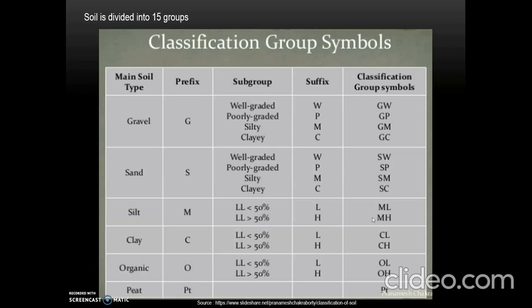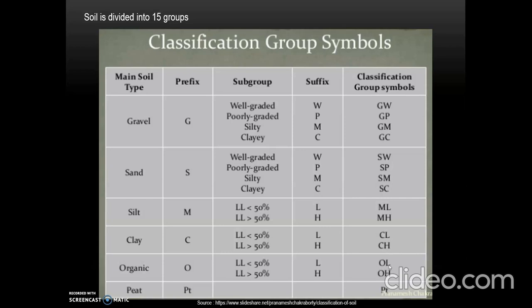And we say that MH is the soil with high plasticity and high compressibility. Similarly, CL means it is the clay soil with low plasticity and low compressibility, and its liquid limit is less than 50%. And CH is the clay with high compressibility and high plasticity.